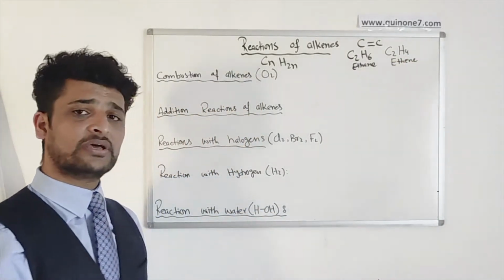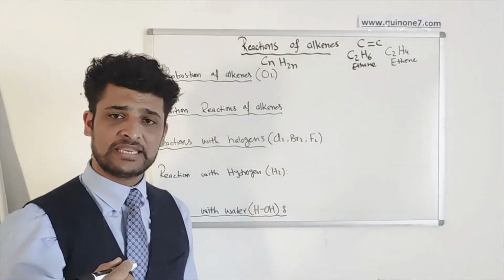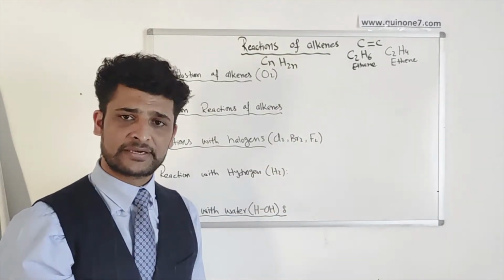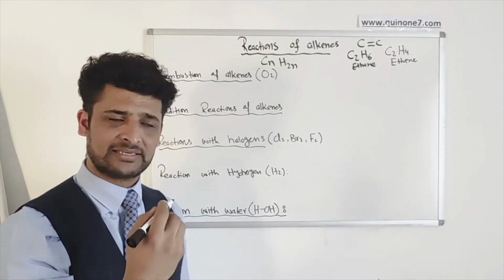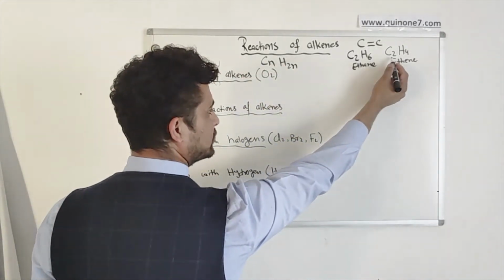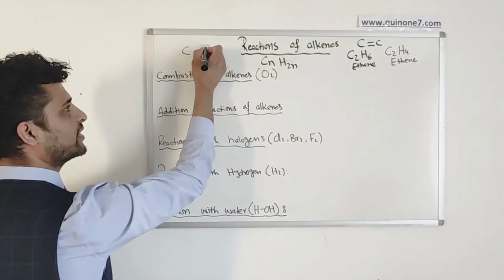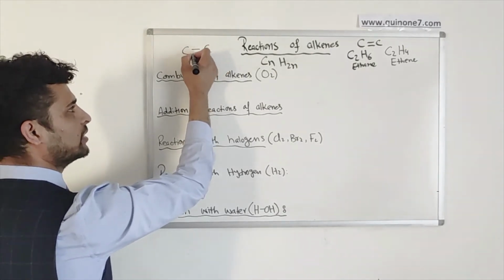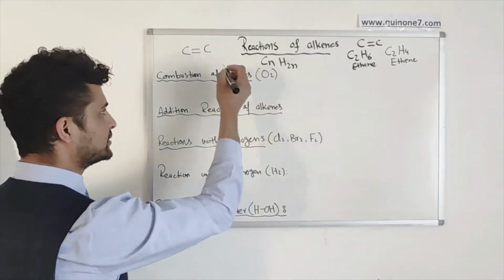Now, alkenes are named according to the parent hydrocarbon, like ethene, propene, butene, pentene and so on. Now the structure will be like this. If I want to draw the structure of C2H4, I will draw the two carbons first, and I will draw one double bond only, because it is just one double bond.